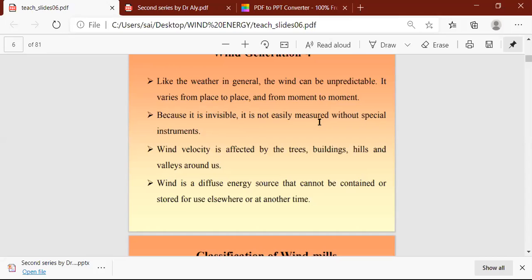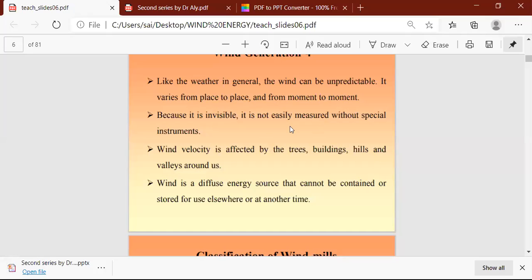So for electricity generation, we need a constant velocity of wind, and in order to maintain that, first we have to calculate the wind speed or wind velocity. Generally windmills are mounted on hilly areas where we get high wind velocity, in order to produce a higher amount of power. So we have to measure this parameter for proper power generation in the hilly areas.